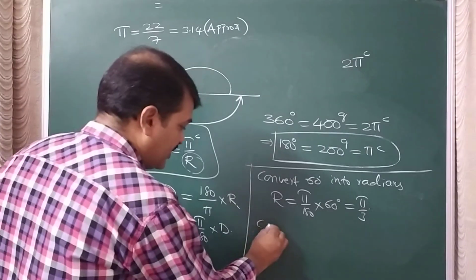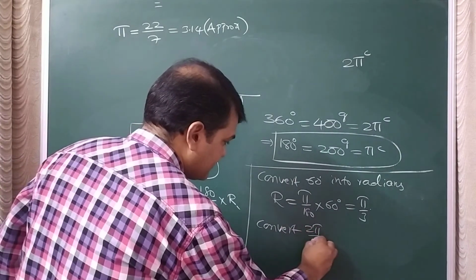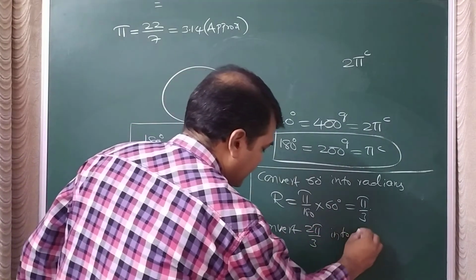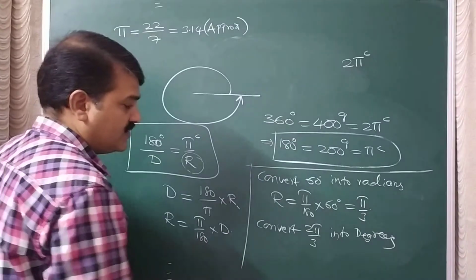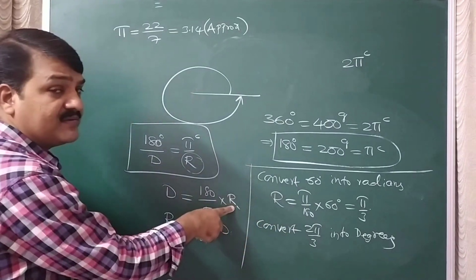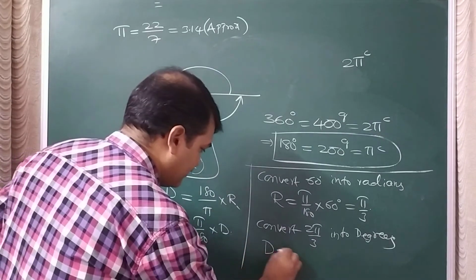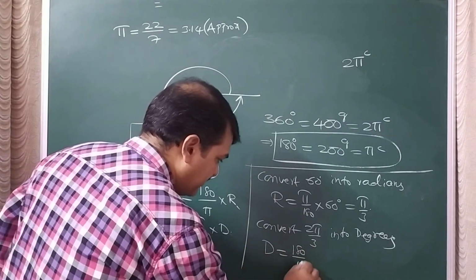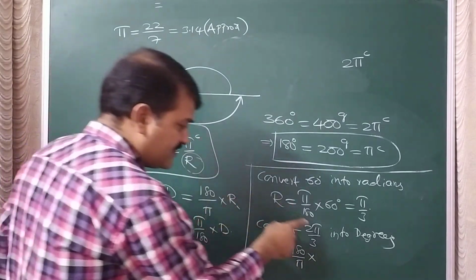So if I want to convert 2 pi by 3 radians into degrees, the angle is given in radians. So put it here, you will get the answer in degrees d. So d is equal to 180 by pi into 2 pi by 3.